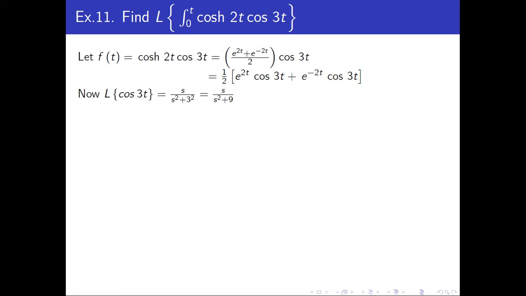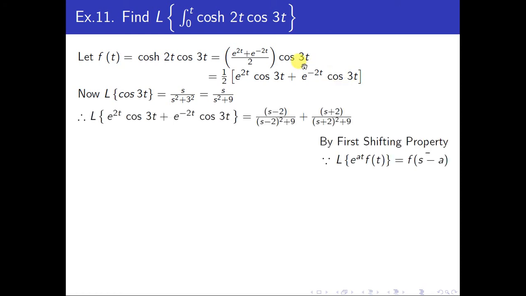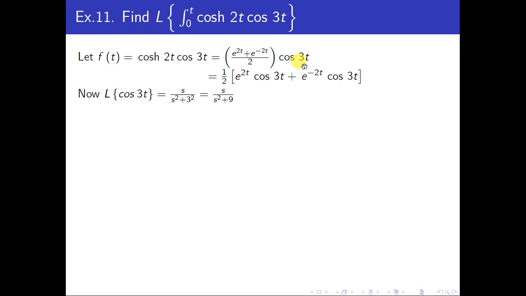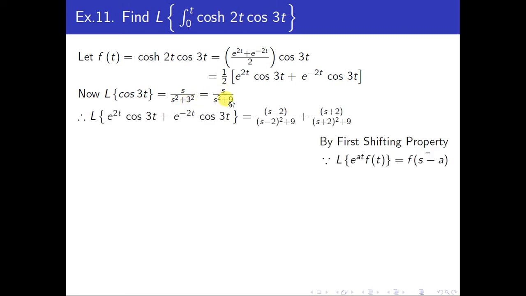So, now let us find the Laplace transform of cos of 3t. Laplace transform of cos of 3t is equal to s upon s square plus 3 square, which is s upon s square plus 9. Then let us take this term to find the Laplace transform.